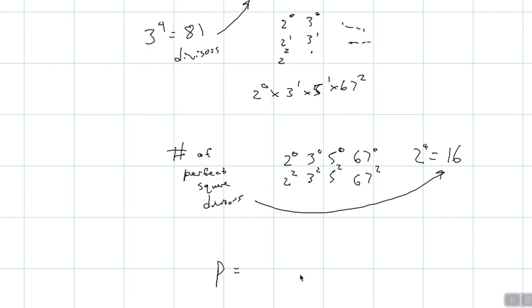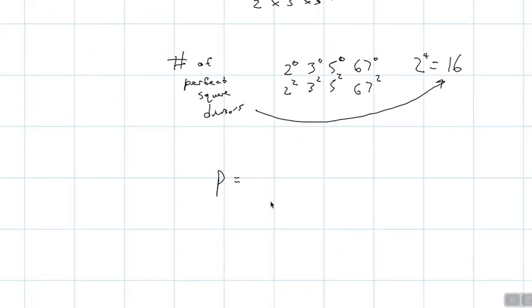So from that, P is going to be the sum of, let's say, the probability of picking a perfect square first, plus the probability of picking a perfect square second.